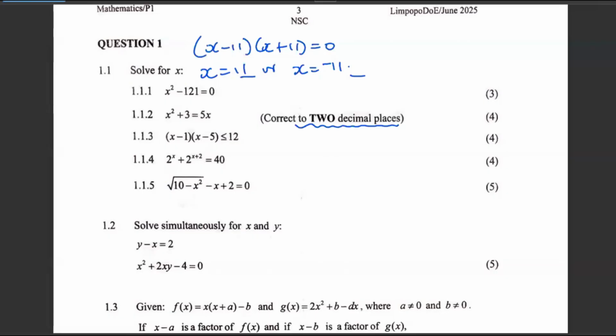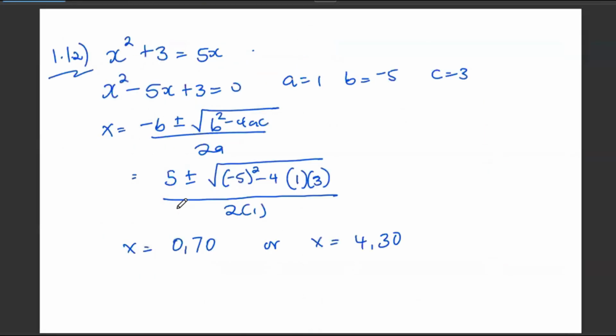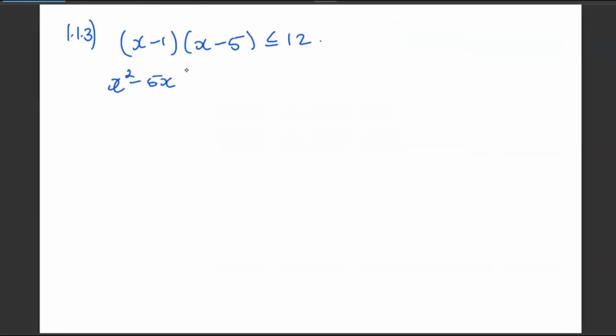Then 1.1.3, we have a quadratic inequality: (x minus 1)(x minus 5) is less than or equal to 12. First things first, we need to open up the brackets. We're going to have x squared minus 5x minus x plus 5 minus 12 less than or equal to 0.